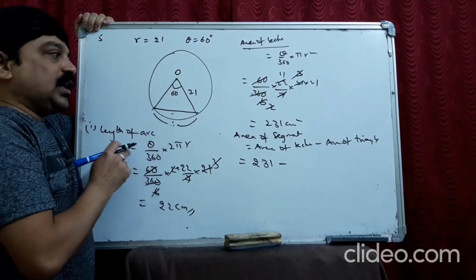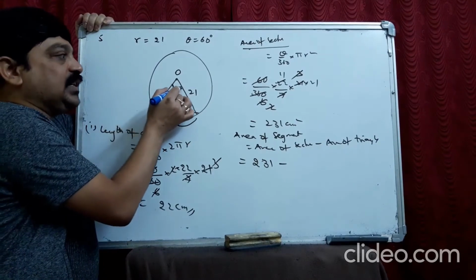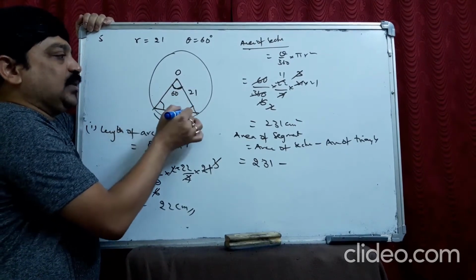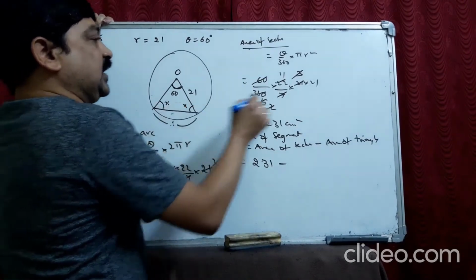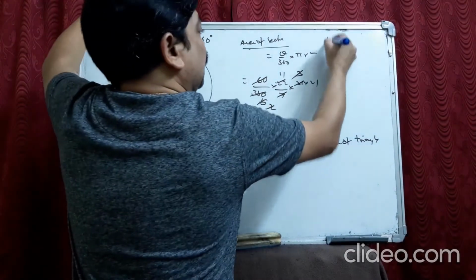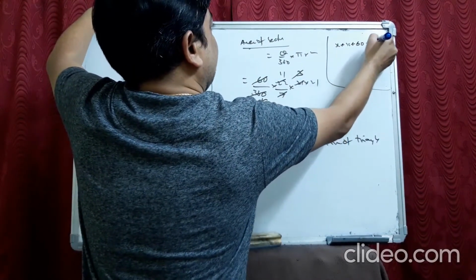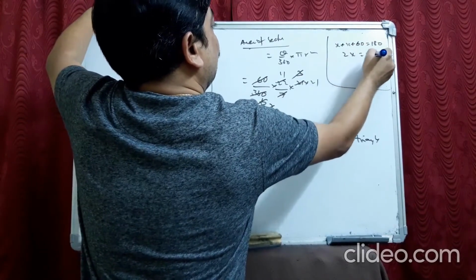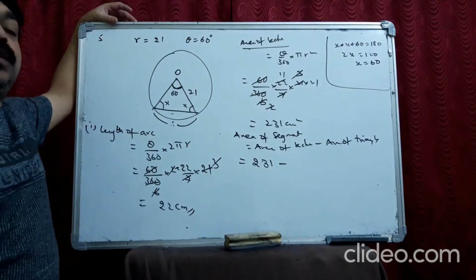This angle is 60, and if these two are same, if I take this as x, x as well, because this is an isosceles triangle, so x plus x plus 60 is equal to 180, 2x equal to 120, x equal to 60. So it becomes an equilateral triangle.